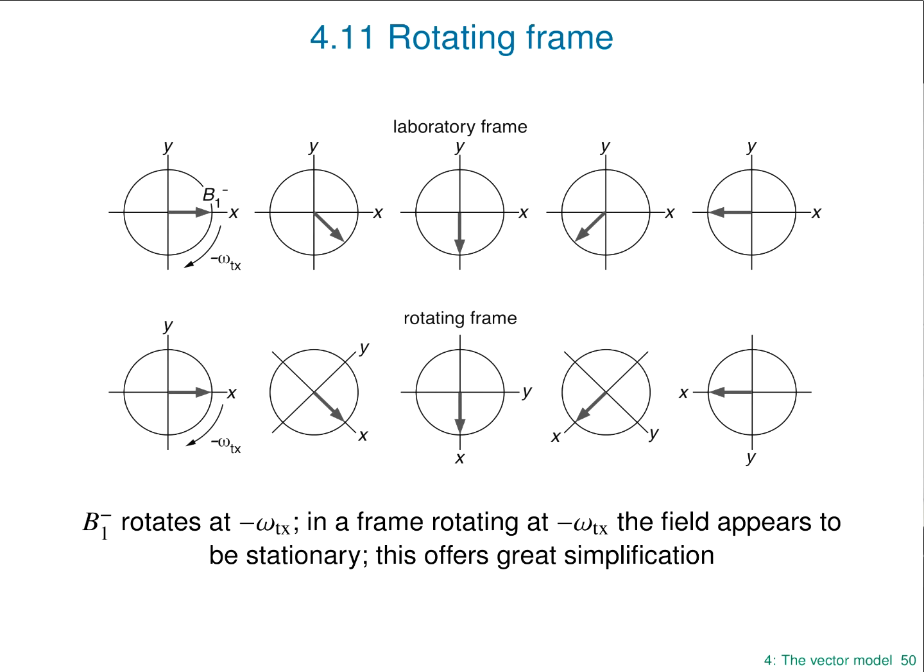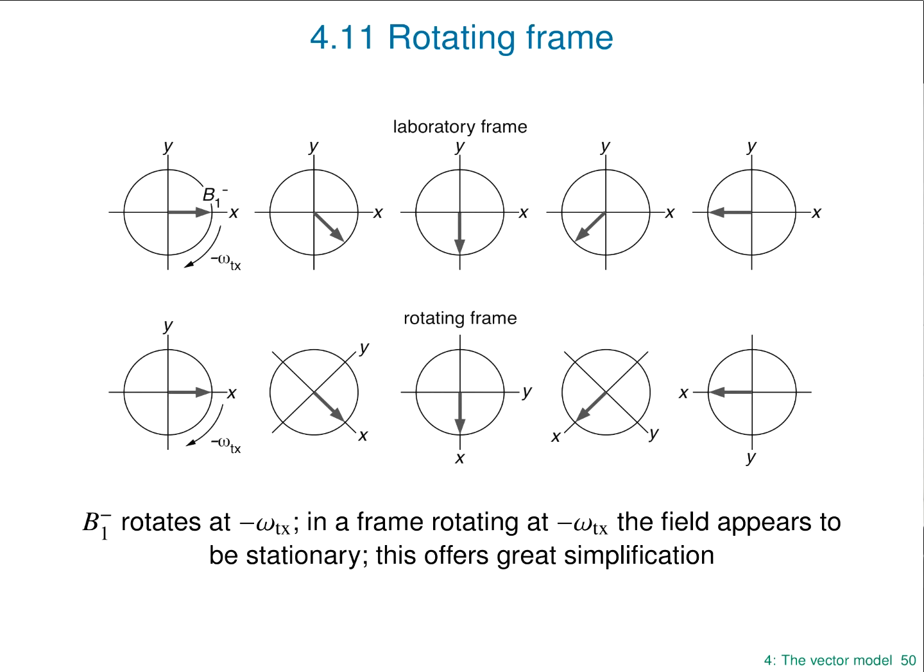Tx is the abbreviation for transmitter, because it's the radio frequency transmitter that's going to generate this field. And it's going around in a negative sense. If you think about how I described to you what a positive and negative frequency were, that's a negative rotation. So there's B1 minus on the top line going around at minus omega Tx.